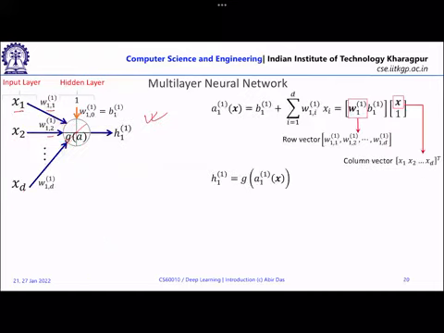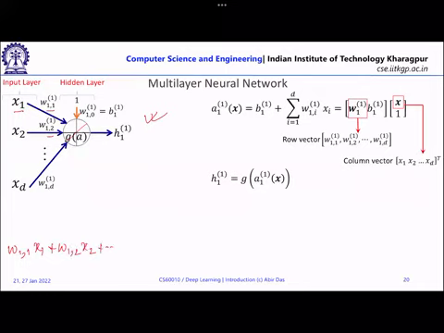This basically means that your pre-activation, or the result after linearly combining these X's and W's, will be, let's try to write it, W1 1 X1 plus W1 2 X2.